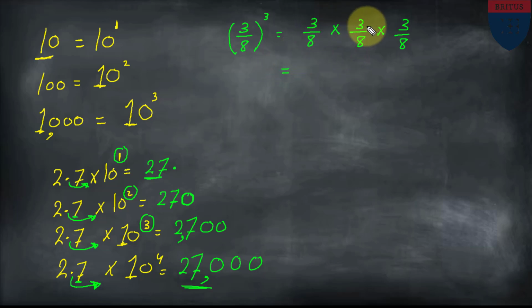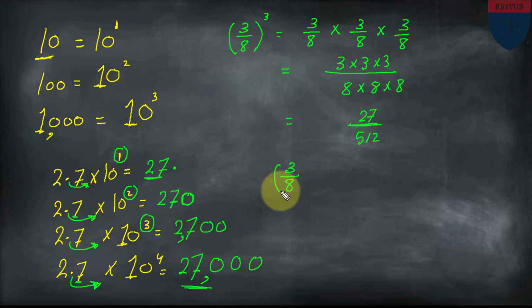Just multiply the numerators, 3 times 3 times 3, over 8 times 8 times 8. So we get 27 over what? Yes, 8 times 8 is 64, and 64 times 8 is 512. So the value of 3 over 8 cubed is equal to 27 over 512.